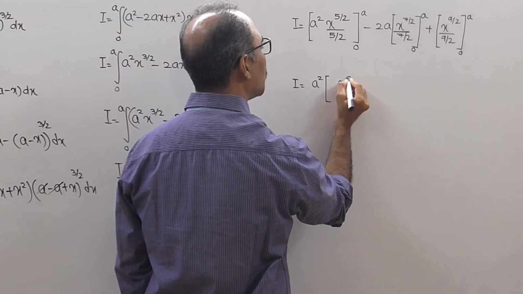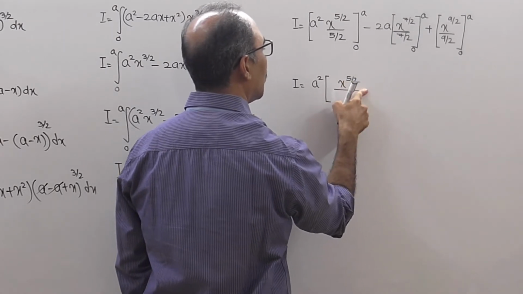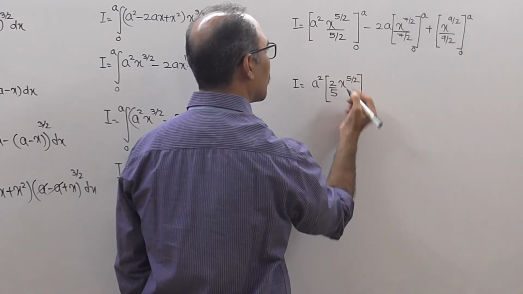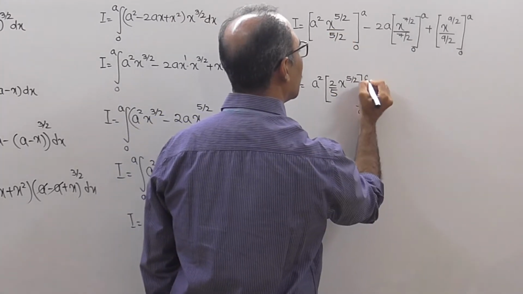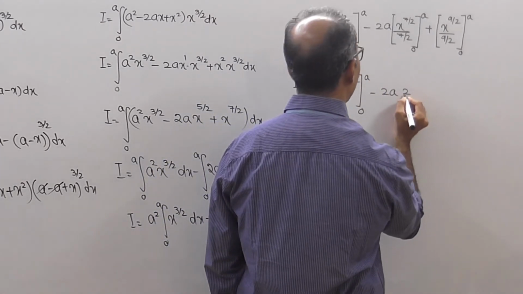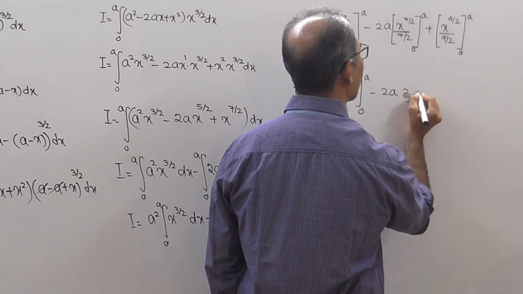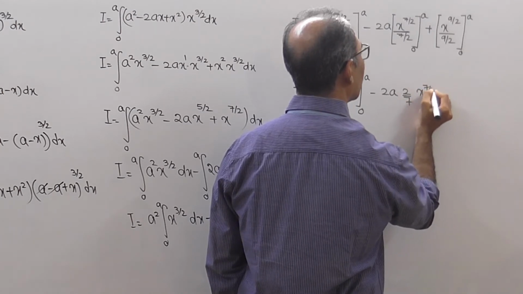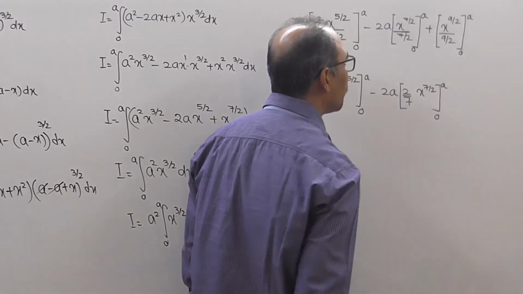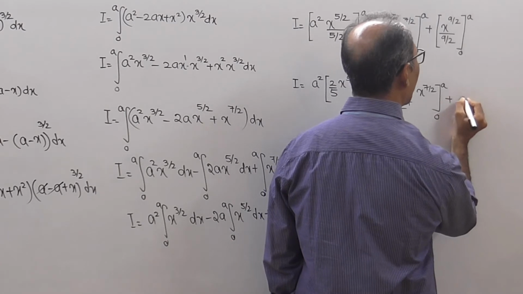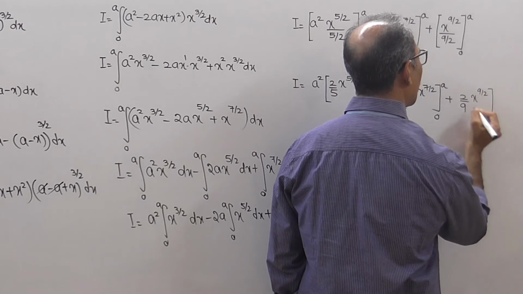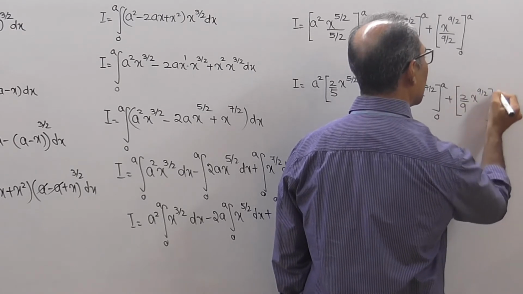x raised to 5 by 2 and upon 5 by 2, that will become 2 by 5, reverse ho jayega. This will be 0 to a minus 2a, 7 upon 2 will become 2 by 7, x raised to 7 upon 2 in a bracket, 0 to a plus 9 upon 2 will become 2 by 9, x raised to 9 upon 2 and 0 to a.